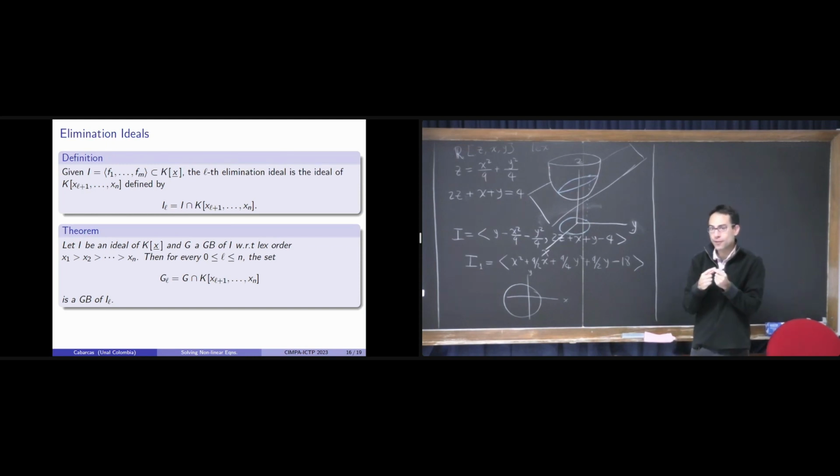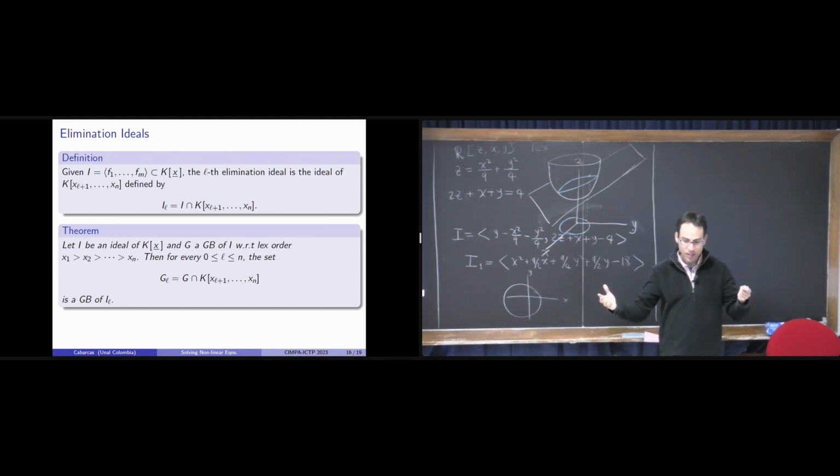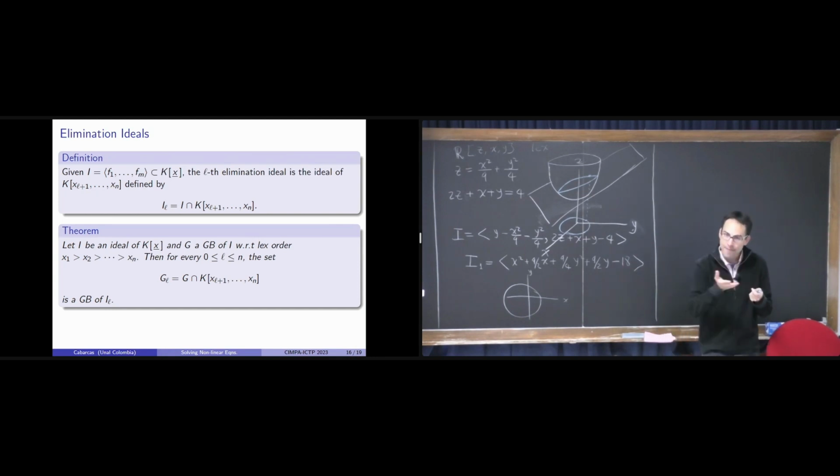And not only for the last variable, but for every L. So by finding a Groebner basis for the whole ideal, we get a Groebner basis for every elimination ideal. Let's prove this theorem.